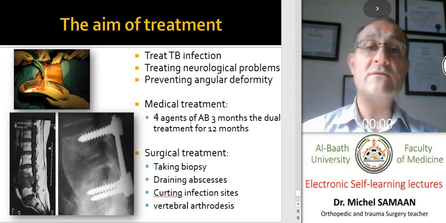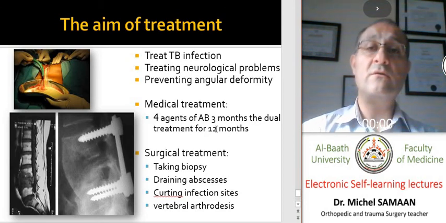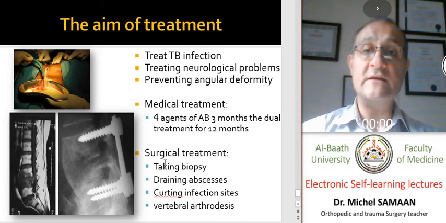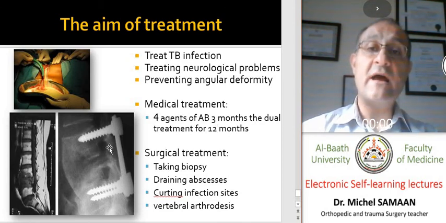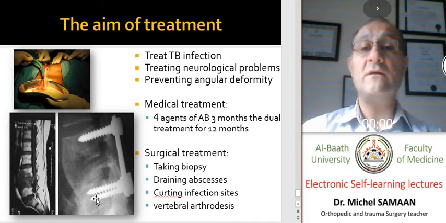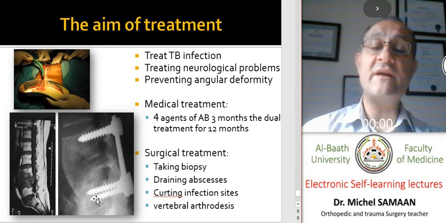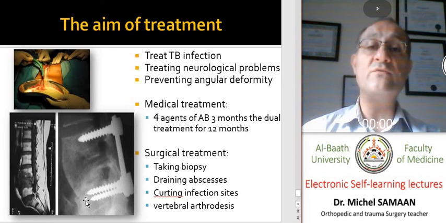That may continue up to 1 year. It is longer than the treatment of normal bone infection or osteomyelitis, than tuberculous osteomyelitis. And we should treat the angular deformity caused by the bony collapse of the vertebral body by arthrodesis, either posterior or anterior and posterior arthrodesis, or spinal fusion.